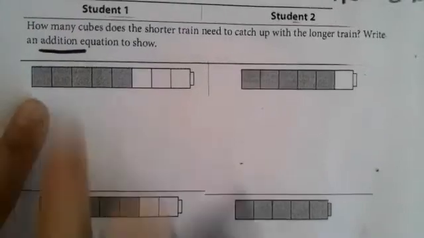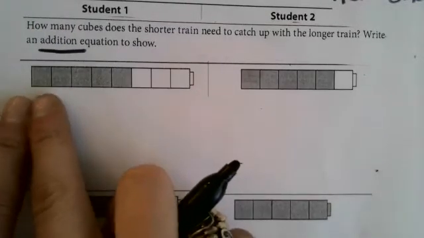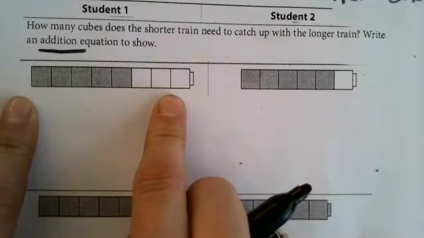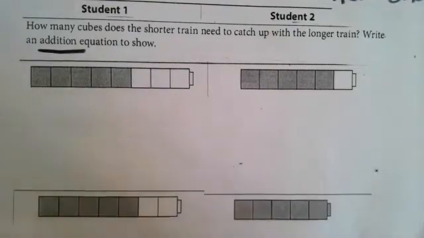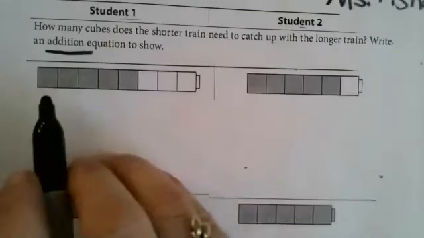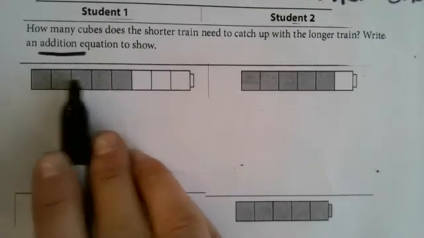All right, so let's actually write the number of cubes in this train. Once you add them, talk with your partners. Talk with your table groups. Once your table group is done, show me. Online learners, add them.